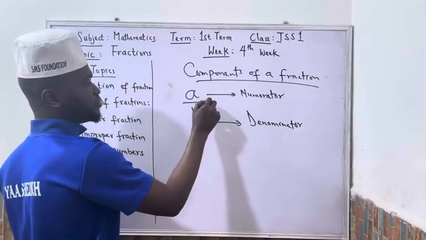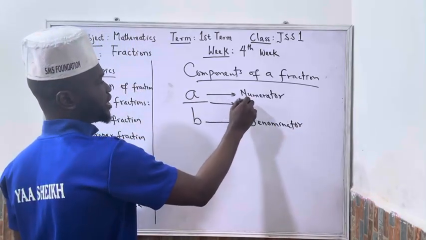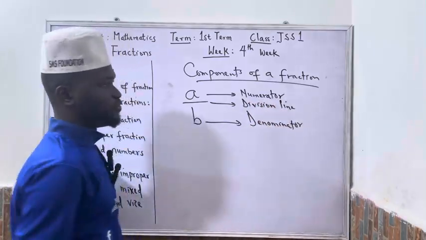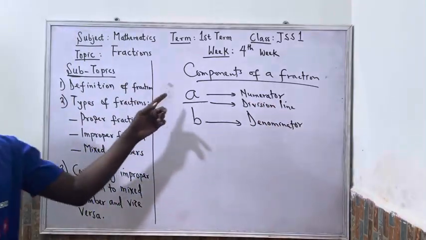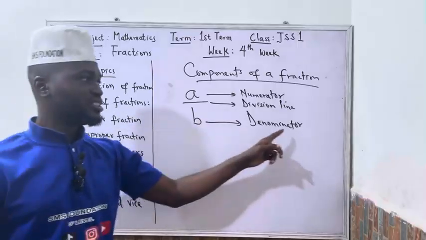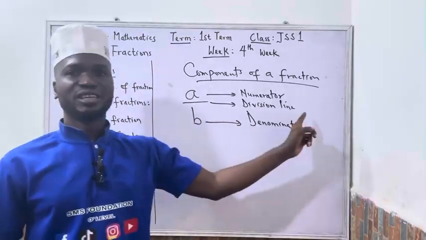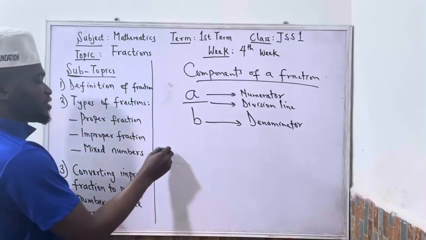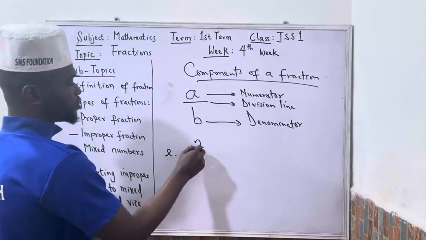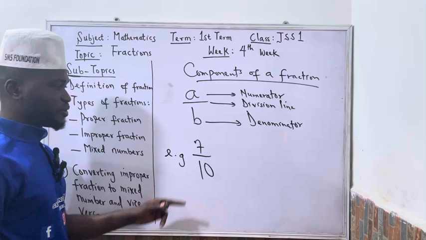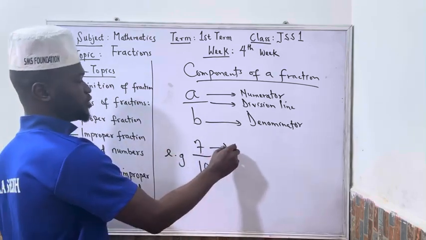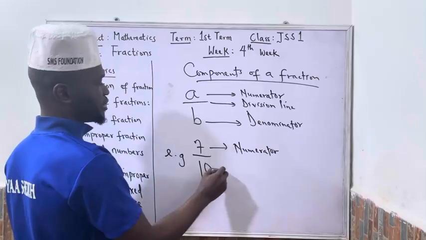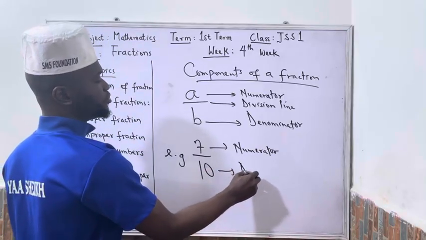The line in between them is called the division line. So A is the numerator, B is the denominator, and this line is the division line. If I have 7/10, it simply means that 7 is the numerator and 10 is the denominator.